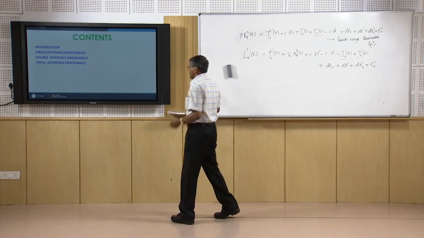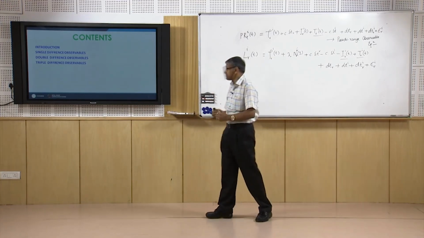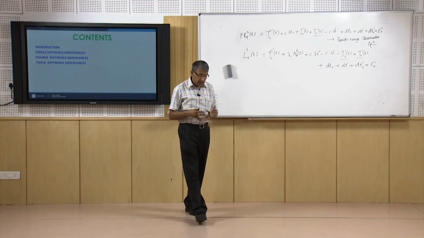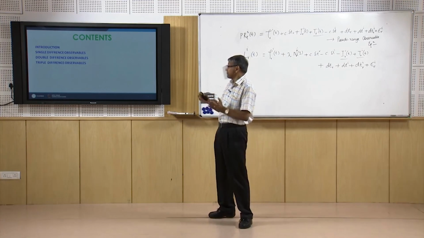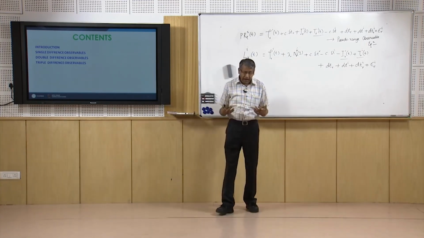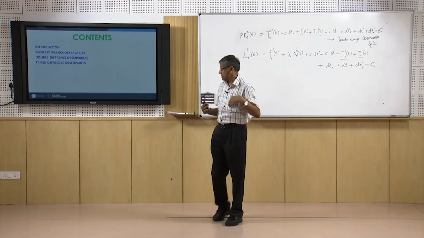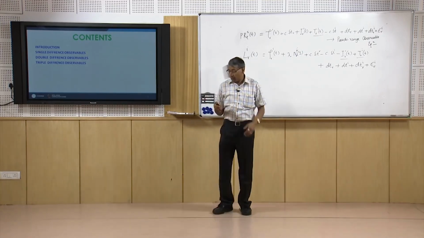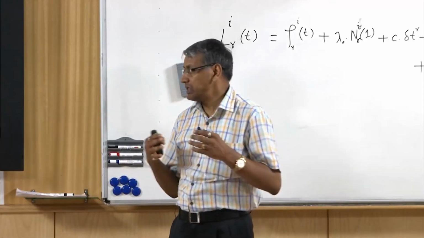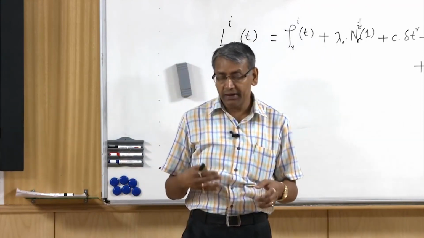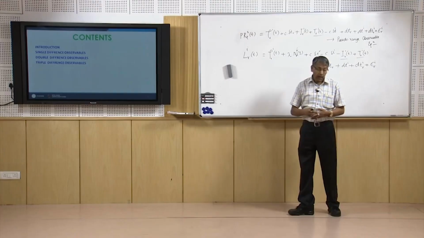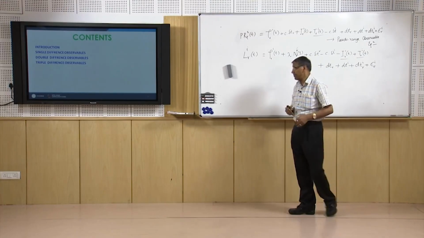By taking the difference of the single difference observables we get double difference observables, and triple difference observables are taken as the difference of double difference observables. Now there are infinite ways this can be carried out, but we will do it in some particular way which researchers have found to be the best way to remove or minimize many of these errors.